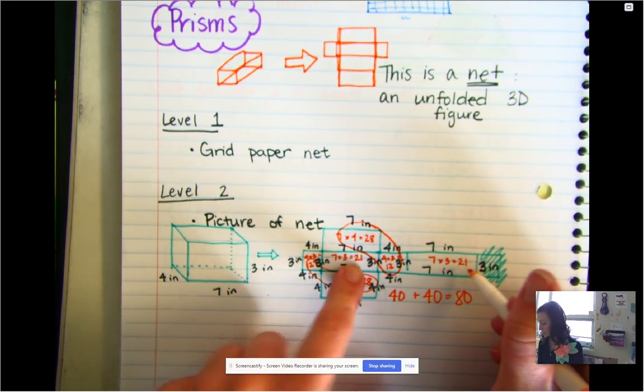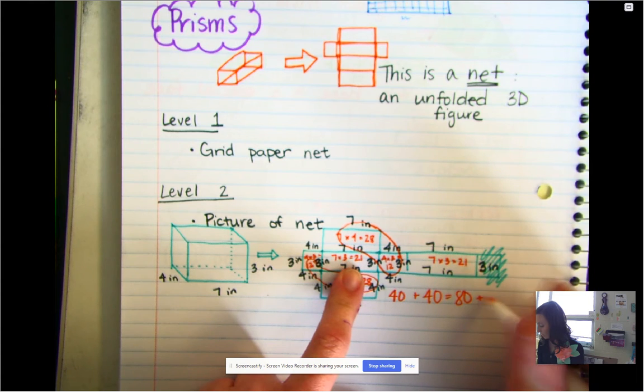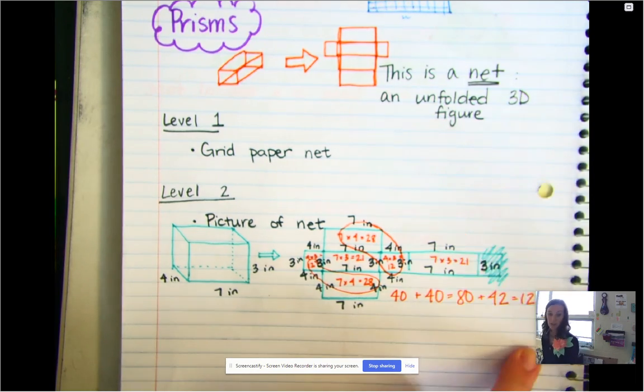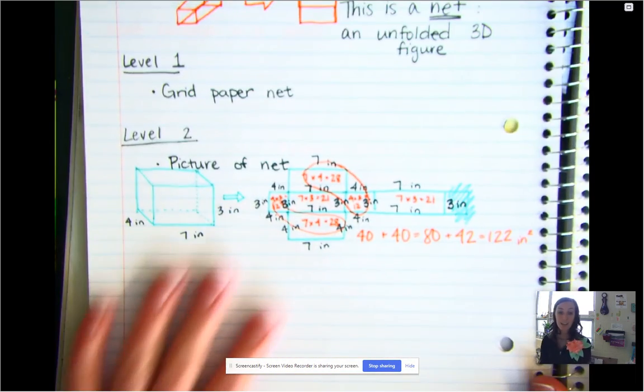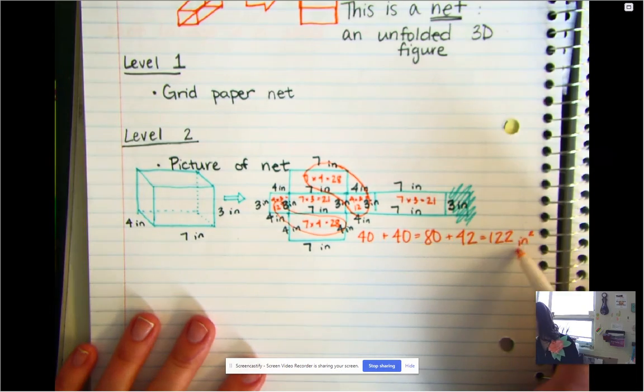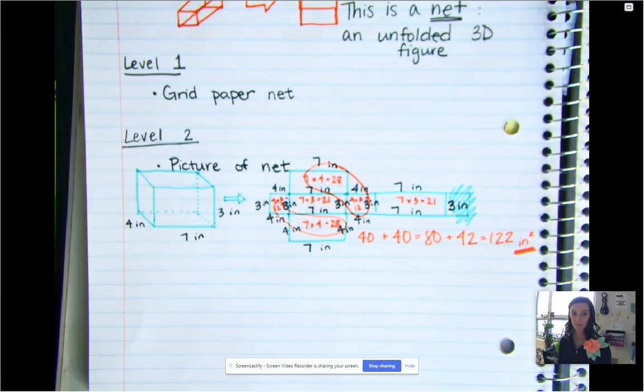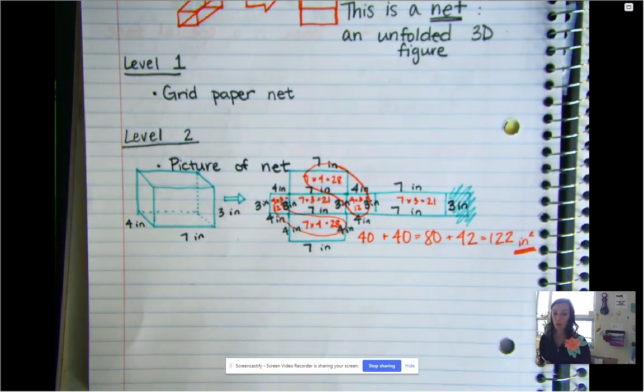And then 21 plus 21 is 42. So 80 plus 42 is 122 inches squared, or square inches. Surface area, because it is area, is always expressed in square units, square inches, square centimeters, square whatever. Okay, so that's level 2.